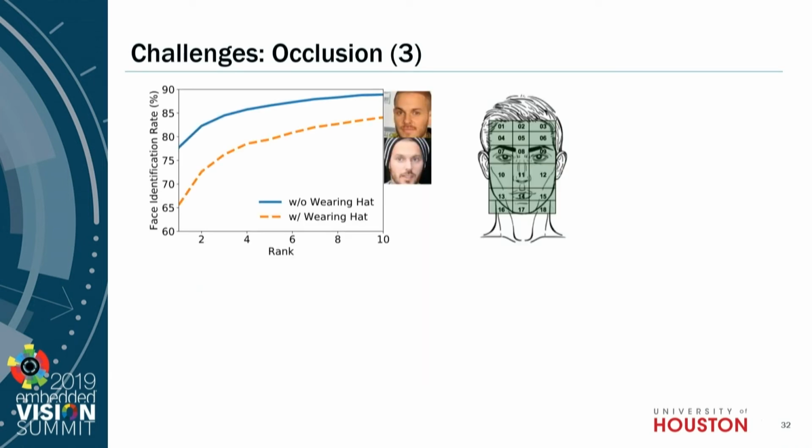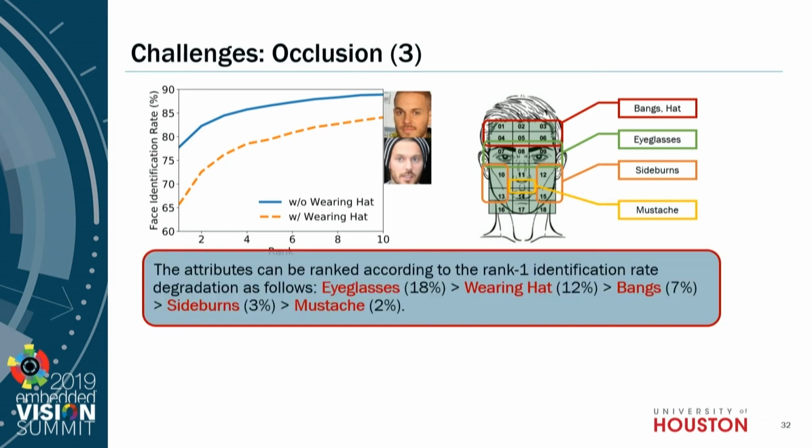Actually here we have examined very systematically all the potential occlusions that one might have, and we're able to rank them based on the effect that they have on the performance of the algorithm. So you can see that eyeglasses have resulted in a 18% drop in the rank 1 performance, followed by wearing a hat, having bangs, sideburns, and mustache.